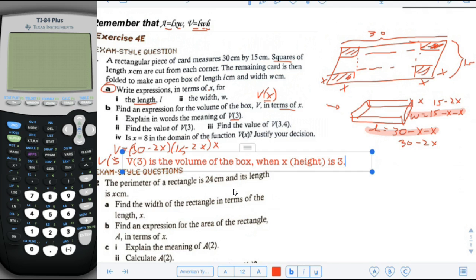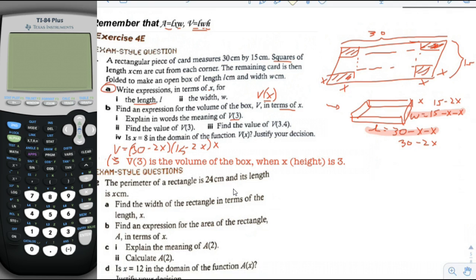Let's see what else. And then they say, find the value of V of 3. Okay, so if we want to do that, we'll say, well, when x equals 3, V is equal to 30 minus 2 times 3, which is 30 minus 6, right? Times 15 minus 2 times 3, which is also 6, and then times x, which is 3, okay?